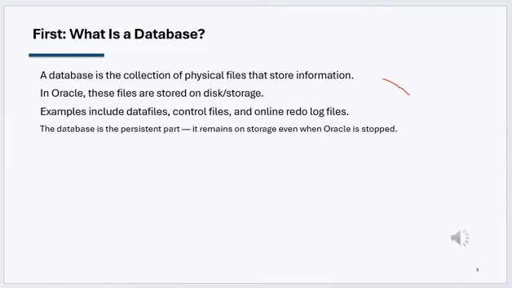In Oracle, this information ultimately needs to be stored somewhere physically. So at the very basic, Oracle database means the collection of physical files that store the database information.